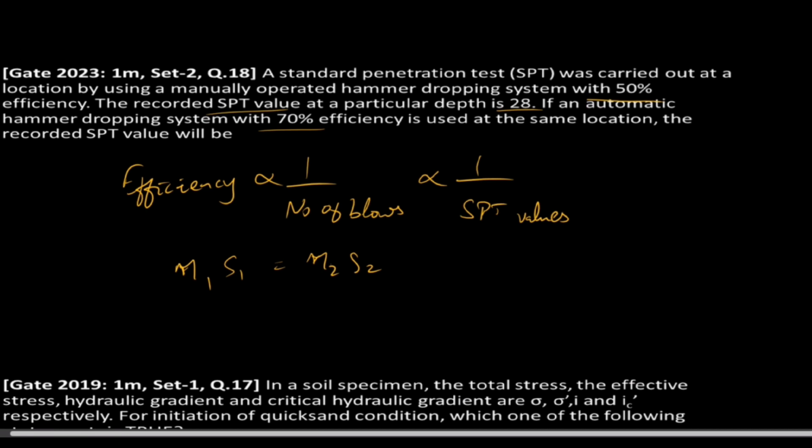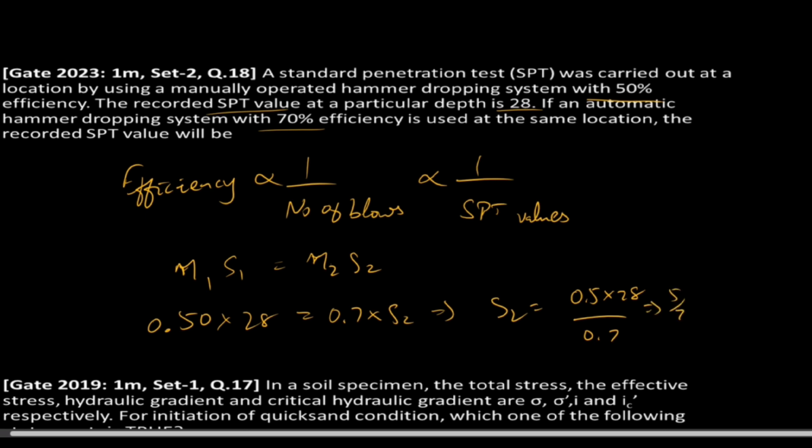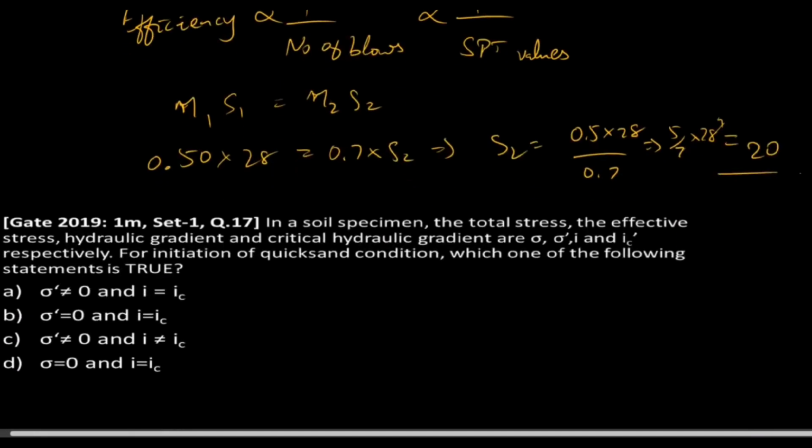So eta 1 will be 50 percent, that is 0.5, into 28 equal to eta 2, 0.7, into S2, which gives S2 equal to 0.5 into 28 by 0.7, which is 5 by 7 into 28, which gives 20. SPT 2 will be equal to 20.